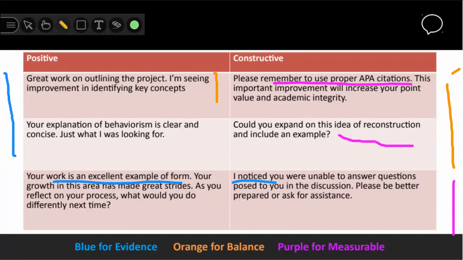They're saying there's some improvements on the key concepts, and so there were some areas of key concepts that weren't as well explained in their prior paper, probably. Okay, another one, important improvement. Okay, great. Yep. So that just gives you an idea of how you would put in evidence or balance or measurable aspects of your feedback. Okay, great. Thank you.